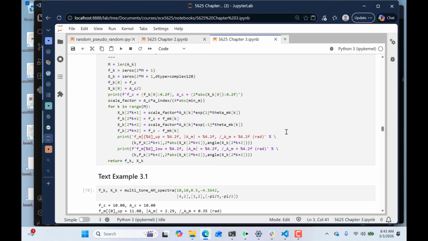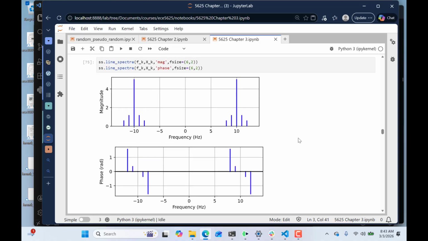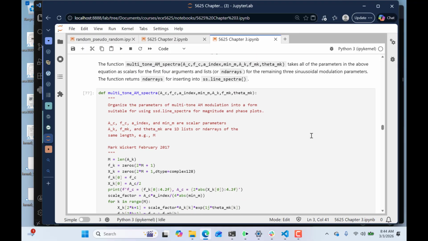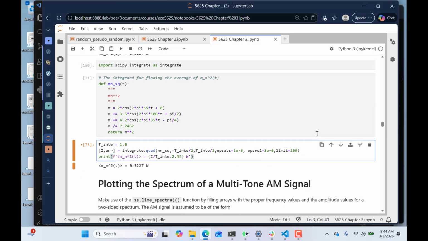So that's what this function is doing right here, and that's how these plots were obtained. If I was to do that today, I would probably just go for the power spectral density. So maybe I should do that so you can see how I'd prefer to do it today.